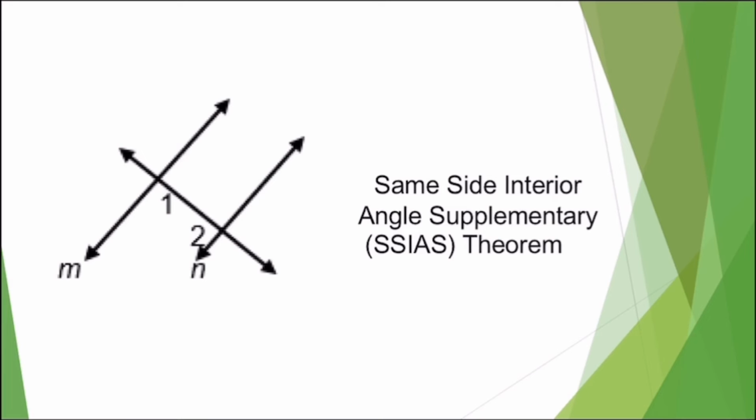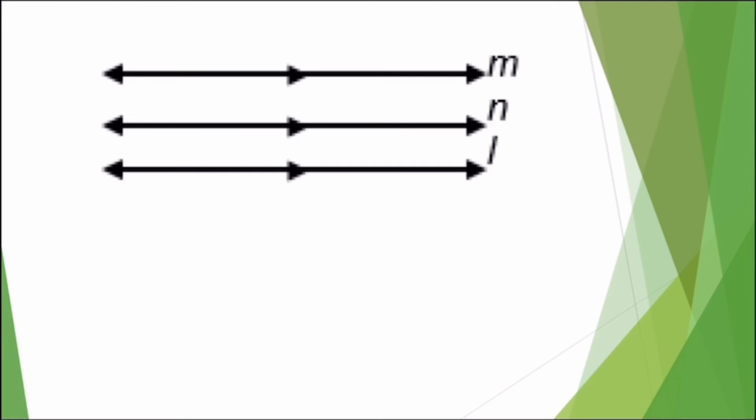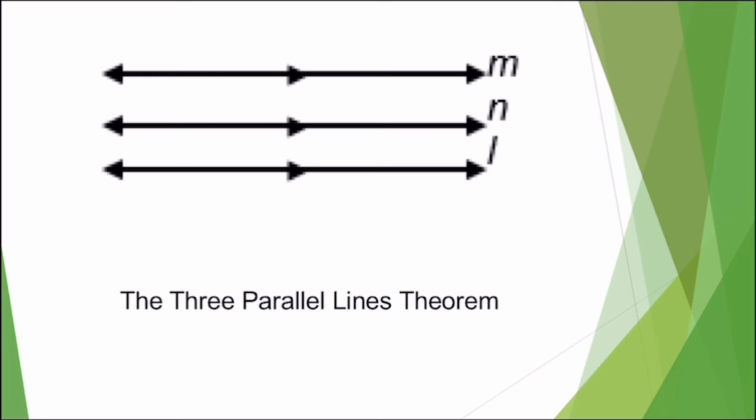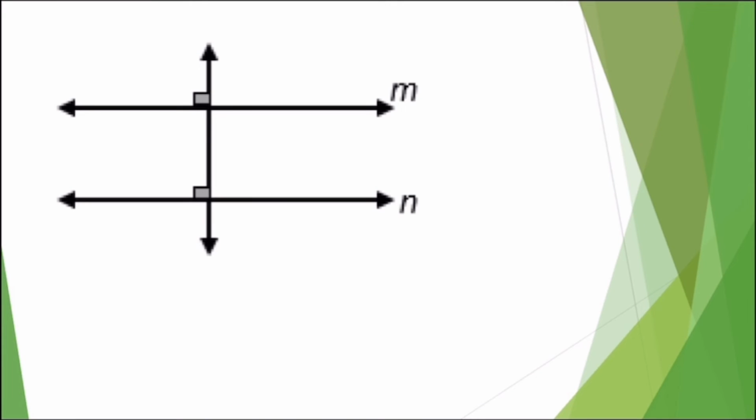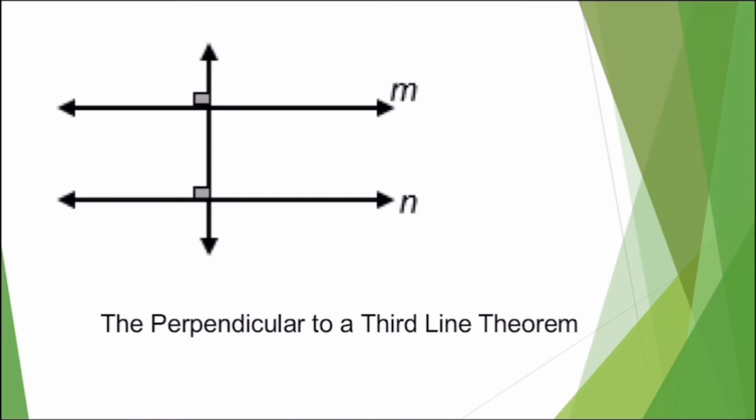For our next figure, this is what we call the three parallel lines theorem. Next, for this figure, this is what we call the perpendicular to a third line theorem. That is our first example.